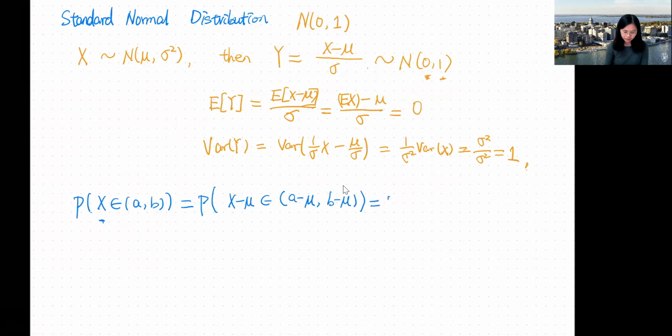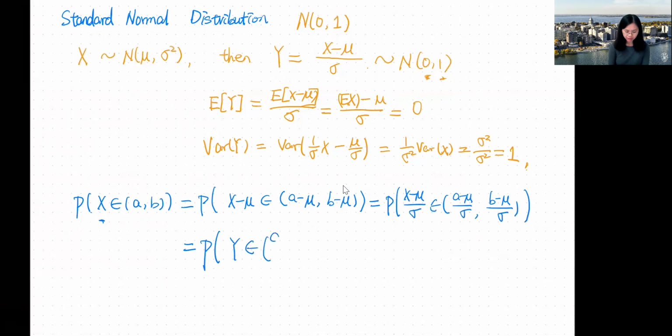And that equals probability that x minus mu divided by sigma belongs to A minus mu divided by sigma, B minus mu divided by sigma. So that is probability that a normal 0, 1, the standard normal random variable, belongs to A minus mu divided by sigma and B minus mu divided by sigma.